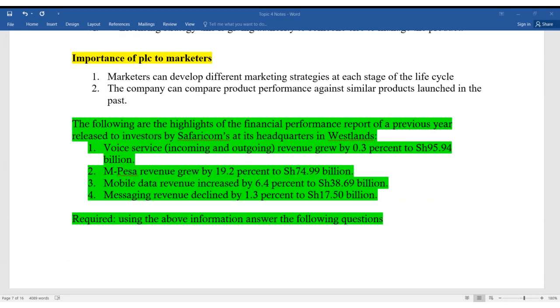And looking at even the revenue, if you look at a growth of 0.3%, it means that this number just represents a small change, just a small positive change. It was 94. You know what? 1% of 95 is 0.9.